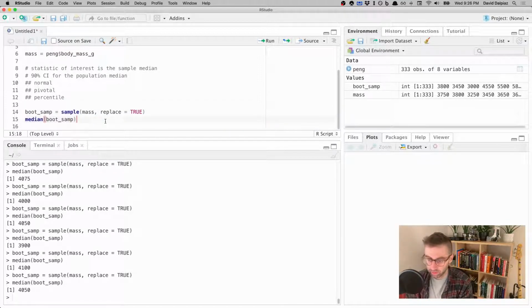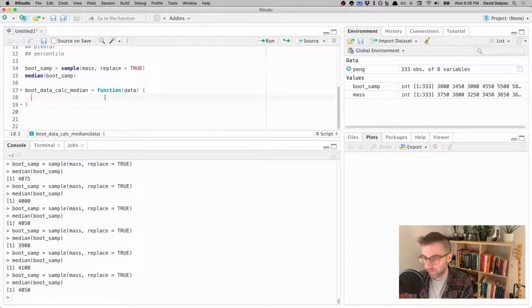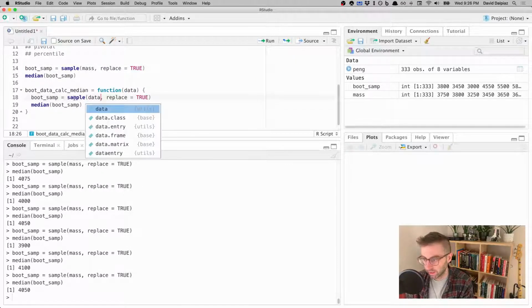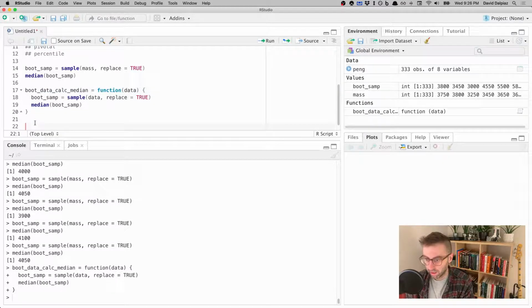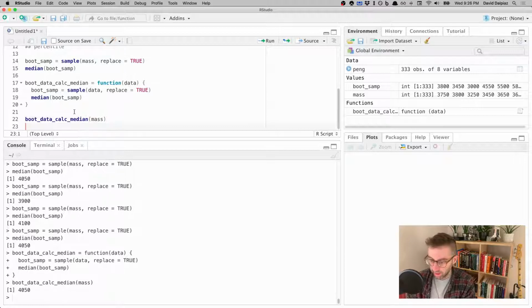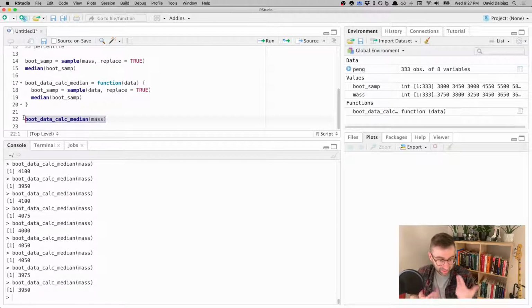So what I should do, sort of following the simulation example, is call this boot data calc median. So I'm going to do it like this. Here I'm going to put data, so this is kind of generic. This will work for anything. And so I'll pass it the data mass. So now all I've done is written a function, so just slightly easier to run.